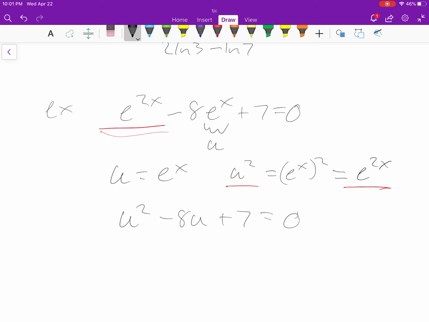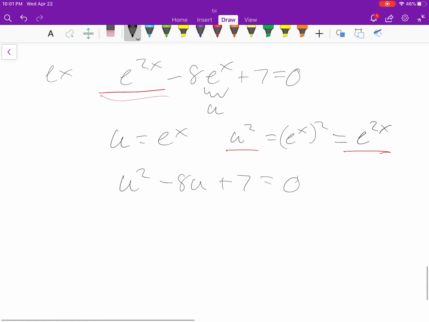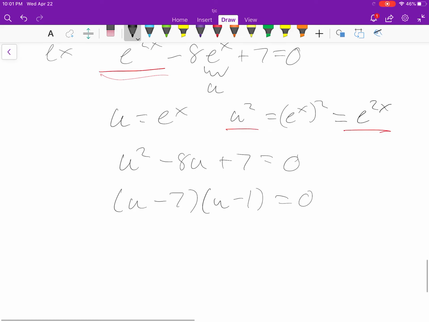Now, we can factor this. We know that a negative 7 times a negative 1 is positive 7. And we know that negative 7 plus a negative 1 is negative 8. So we know how to factor this using our rules. Factored, this becomes (u minus 7) times (u minus 1) equals 0.